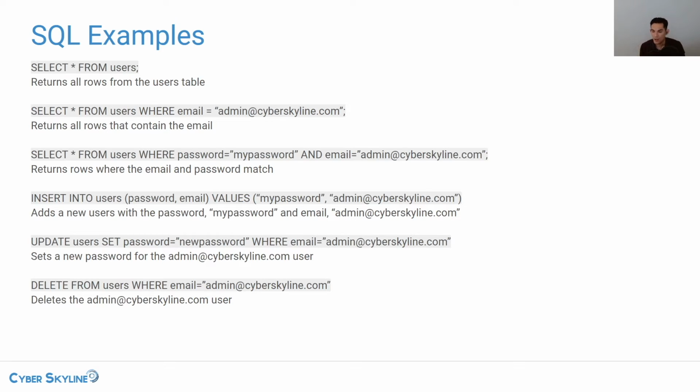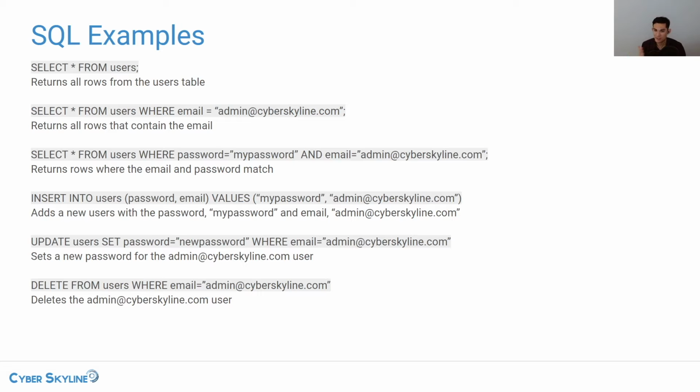So a couple things to note from the way that the syntax works. The email here, you can see it's in lowercase and it doesn't have those quotes around it. That's because that is the name of the column. So you don't need to put the name of the column in quotes, but any specific value that you want to enter, whether that is inserting into the database or that's part of your search parameter, those values, if they are text, they need to be in quotes.